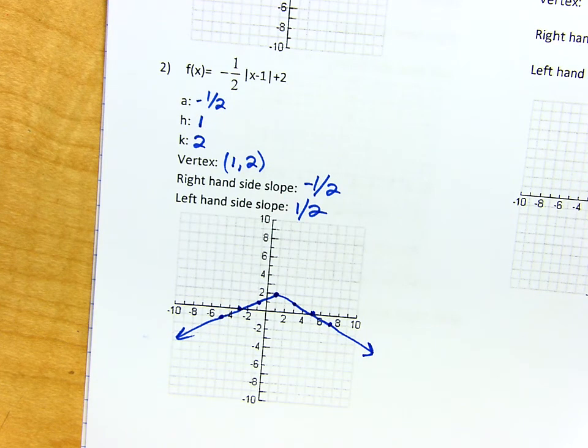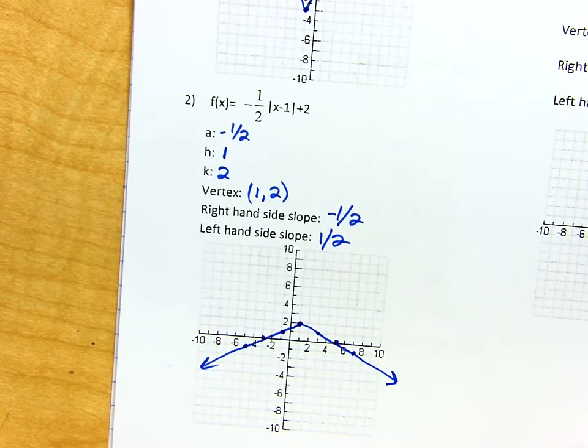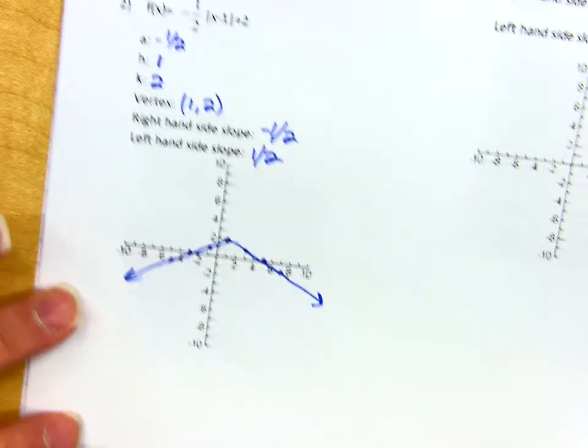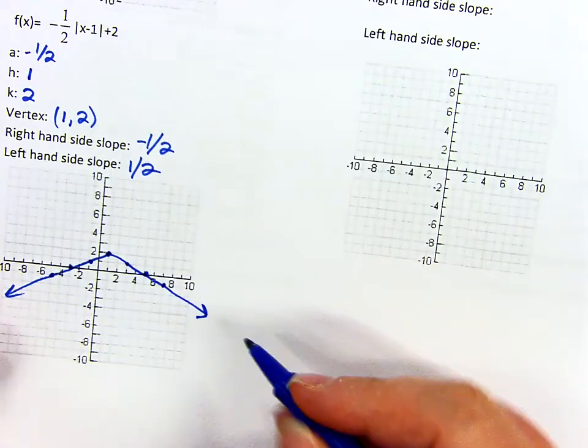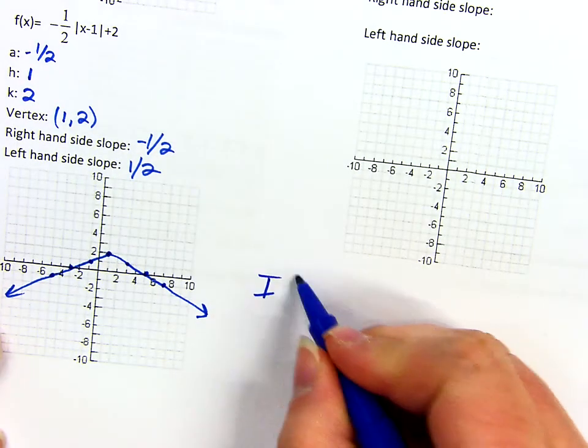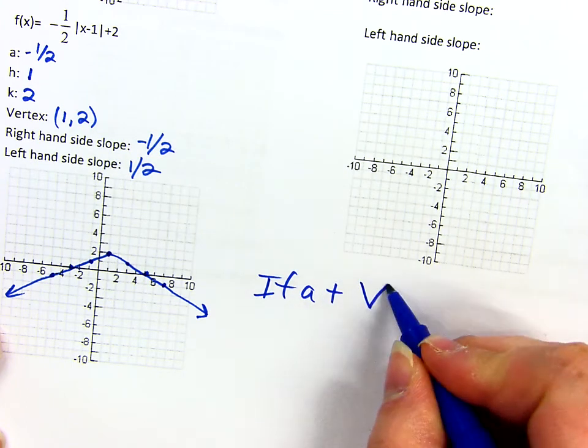So some things that are helpful to note before you even start. I like to ask myself, is this V shape going to be right side up or upside down? And is it going to be wide or narrow? Okay, and I can get all of that information just from looking at a. So if you just want to note to yourself, if a is positive, it's right side up.